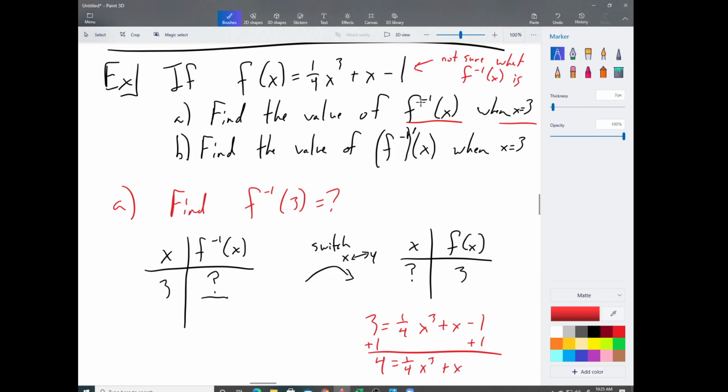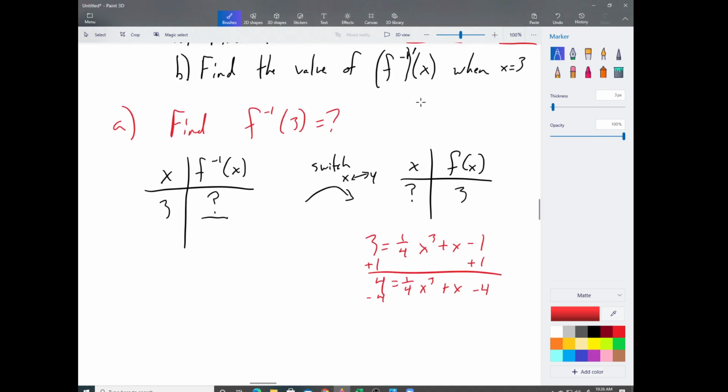But then after that, it gets kind of ugly. I would probably move that 4 back over to this side. But what rules do you know that allow you to solve a cubic? We have plenty of rules for quadratics, but cubics are just awful, awful, awful. And so that's where I personally, if I get stuck, I use the graph.